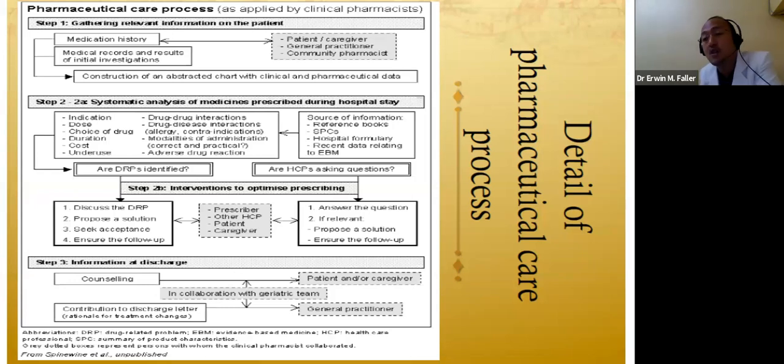You'll be able to construct an approach for dealing with this systematically when interviewing your patient. Then you proceed to step number two, wherein you get information on the indication, the dose, the choice of drug, etc. You reconfirm it with healthcare professionals, with textbooks, and of course with evidence-based journals.